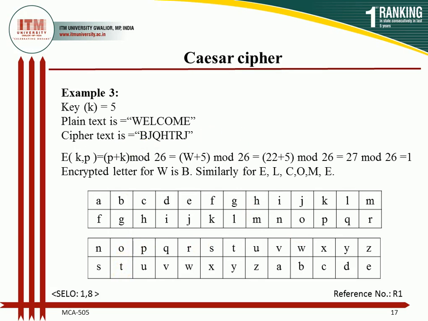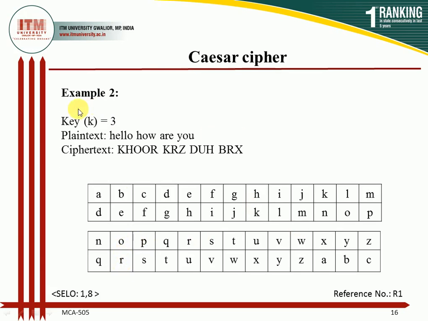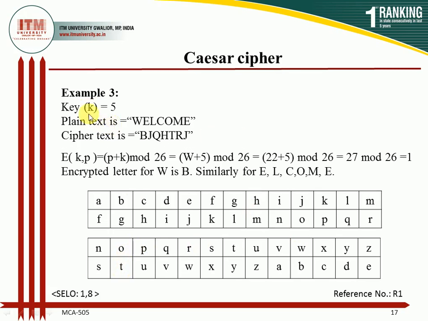So this is the next example. The one difference is that in the previous question the key was 3, but here the key is 5. The method will be the same, as I already told you how to construct the table.